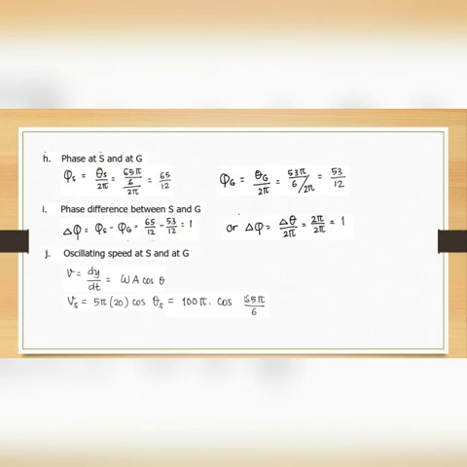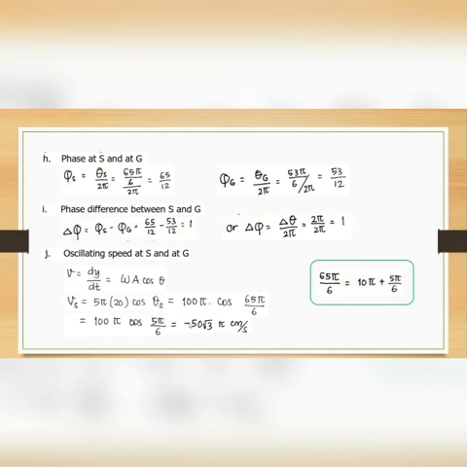That is theta S. To find the cosine of 65 pi over 6, we can make this a small angle. 65 pi over 6 is equal to 10 pi plus 5 pi over 6. So the cosine of 65 pi over 6 is equal to the cosine of 5 pi over 6. So in this case, we have minus 50 times the square root of 3 pi centimeter per second.